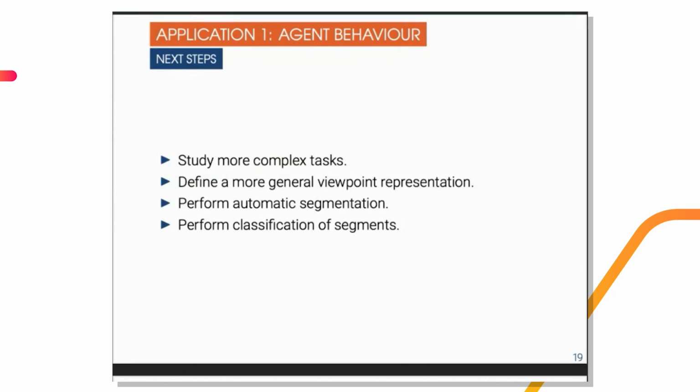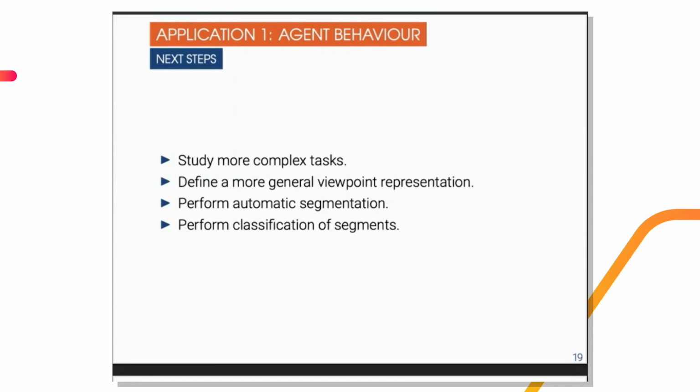In general, these grid world problems can have any number of doors, keys, objects, and so we need to make a representation which accommodates that. And we also want to perform more generalized segmentation and classification of segments. So up to this point, we've just been trying to see a feature in the information profiles and see if it corresponds to the boundary.